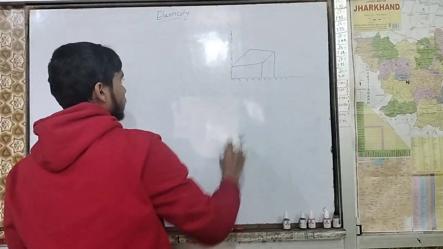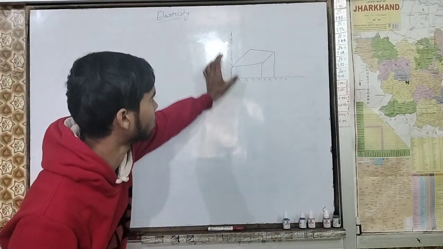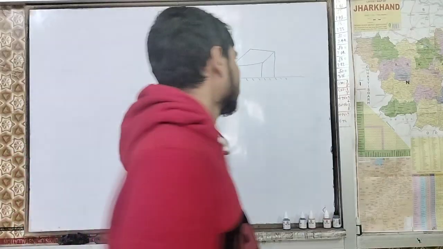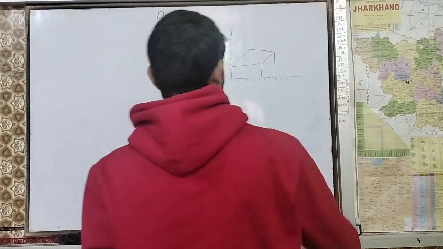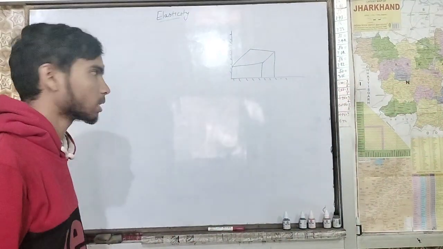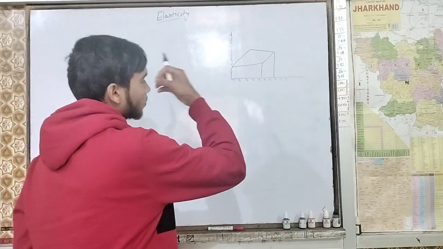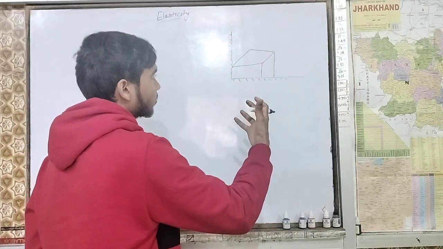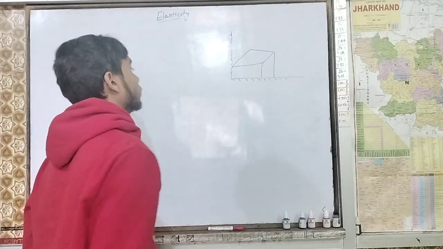This is the object which is attached with this wall horizontally and vertically. Okay, I know it's not a perfect diagram of the object, but just understand this is an object which is attached with the surface of the earth and with the wall.